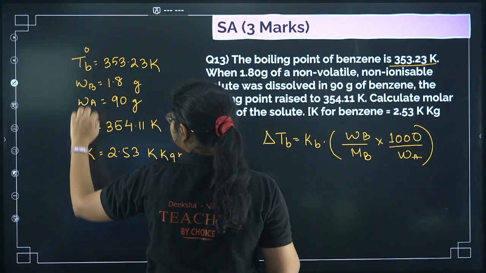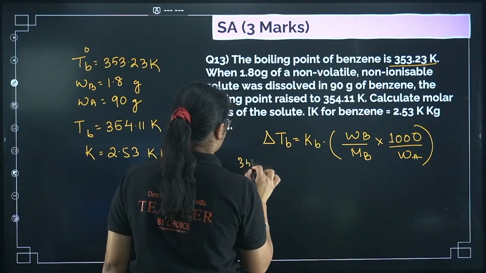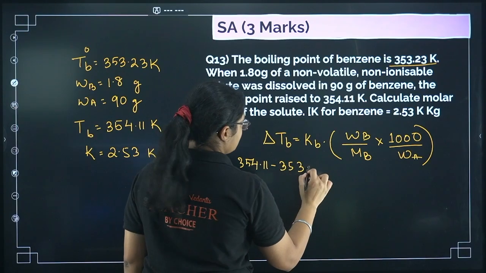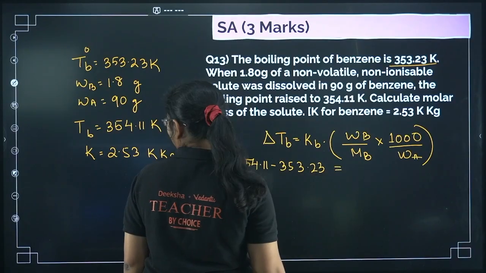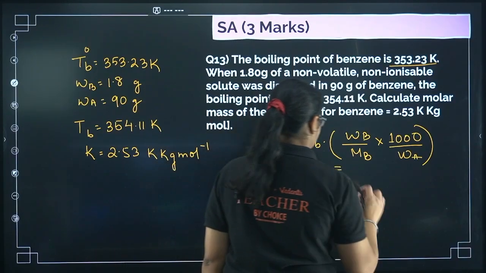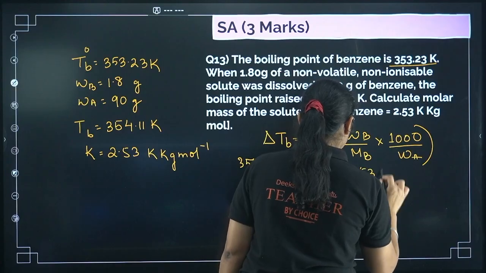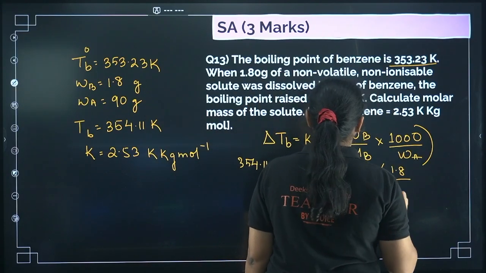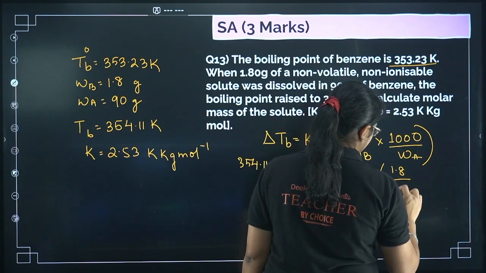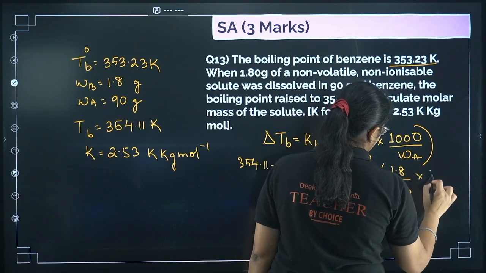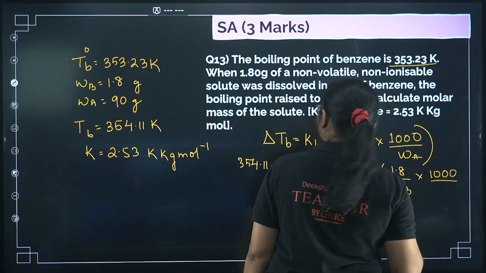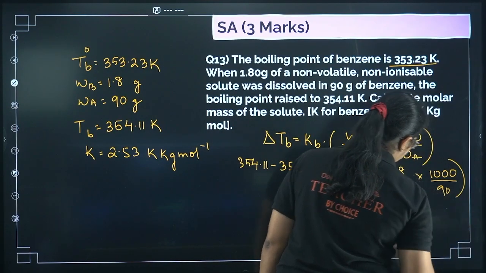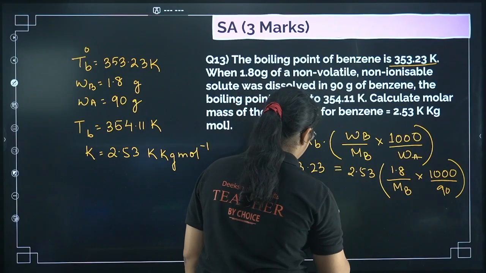ΔTb will be this minus this, so I can write 354.11 minus 353.23. Then Kb value is 2.53. WB value is 1.8. And then MB I have to calculate, into 1000 by WA is 90. Now if you solve this, you can find the value of MB here.